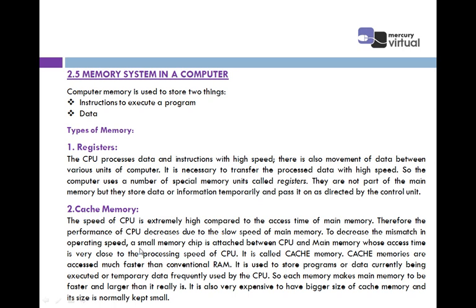Now let's see. A small memory chip is attached between the CPU and the main memory whose access time, meaning the time taken to fetch from the memory, is very close to the processing speed of the CPU.